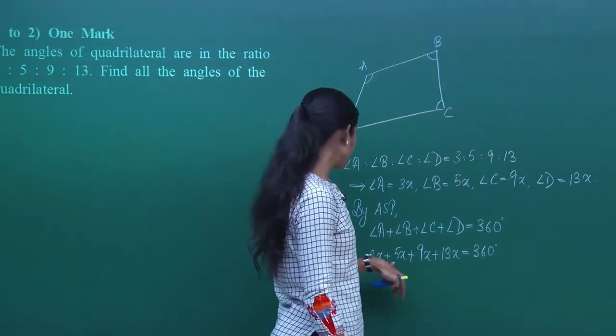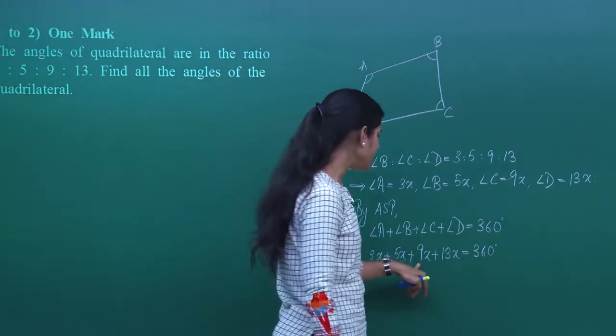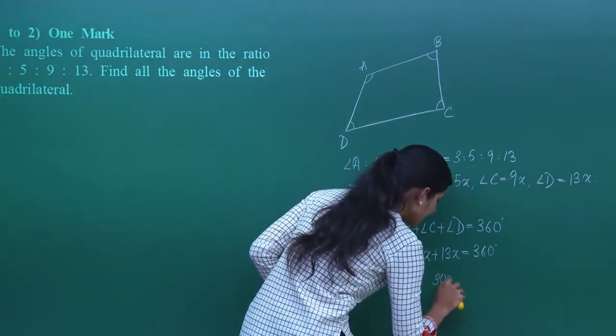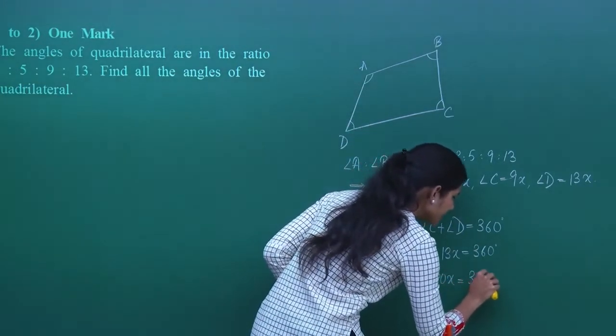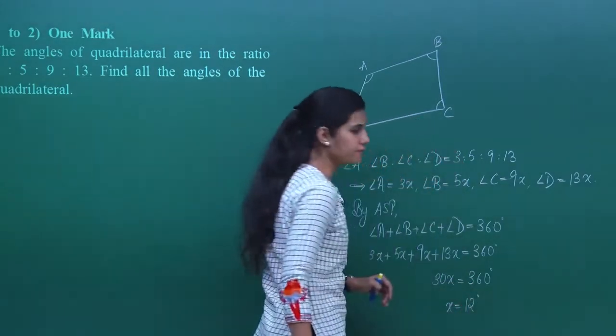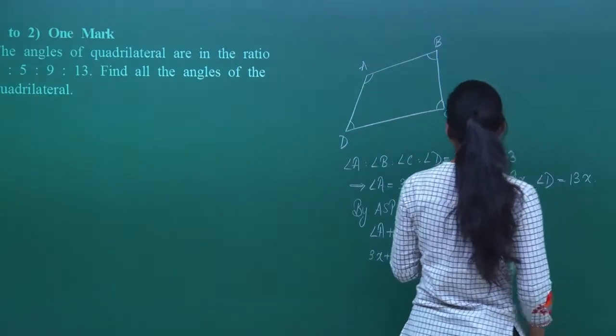What does this give you? 3 plus 5 is 8, 8 plus 9 is 17 and 17 plus 13 gives you 30. So 30x is 360, so x is 12.